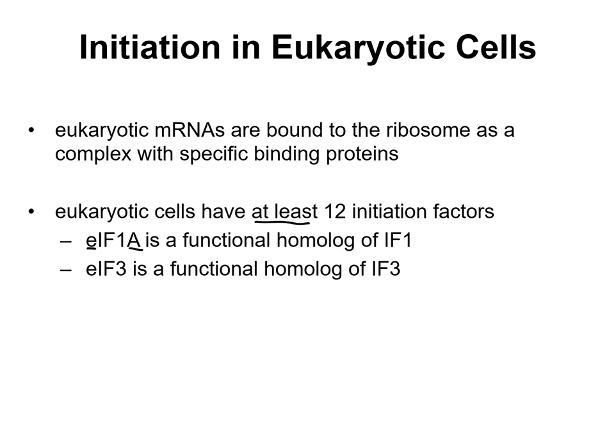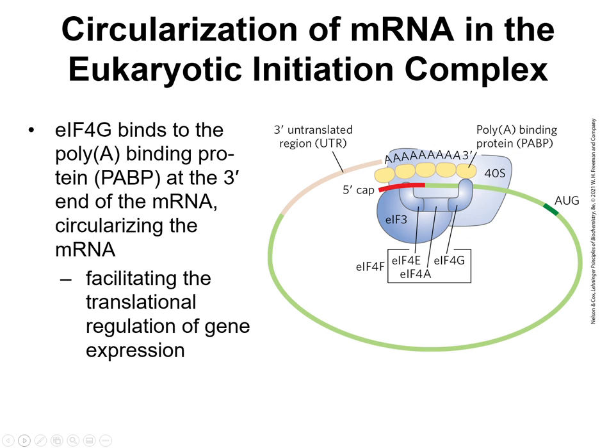So they have a similar function, and we'll see that in a second. There are some other players that we're going to talk about that create the initiation complex for eukaryotes.